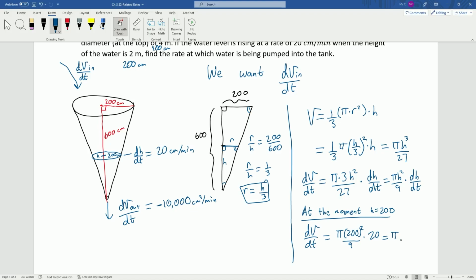So let's see, 200 squared, that's going to be 4 with 4 zeros, right? So 200 squared is 40,000 times 20 over 9. So that's going to give me pi times 800,000 divided by 9. We'll leave that for now.